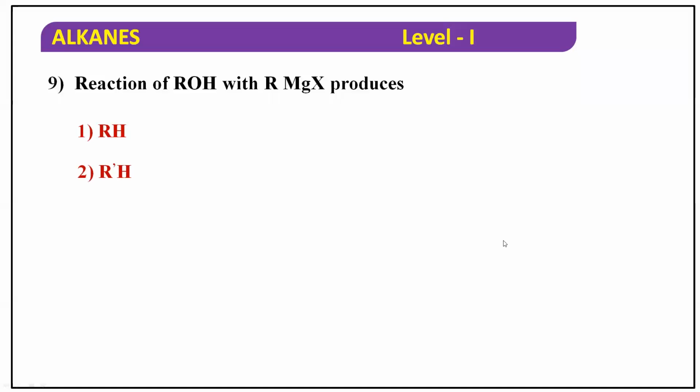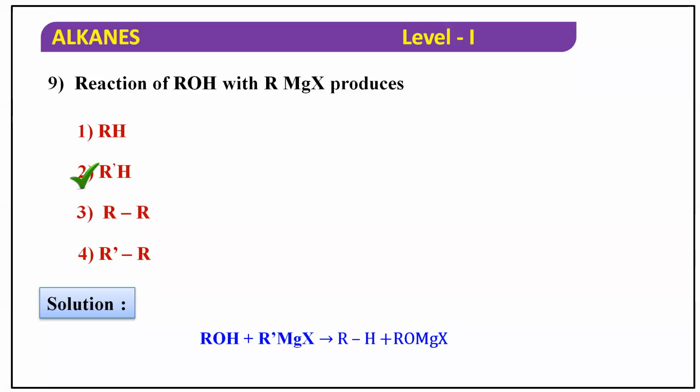R'OH with RMgX. Again, Grignard reagent RMgX. What will form? Which alkane will be formed? Just now we discussed this before. RMgX. So what will R do? It will take H. Right? So the answer will be RH. Okay, one second.